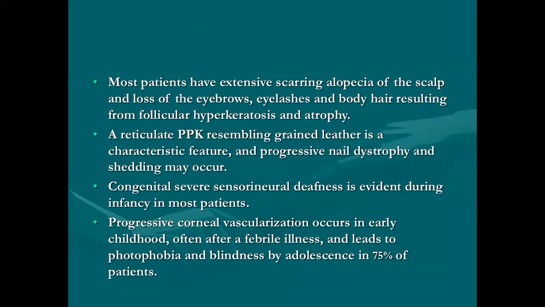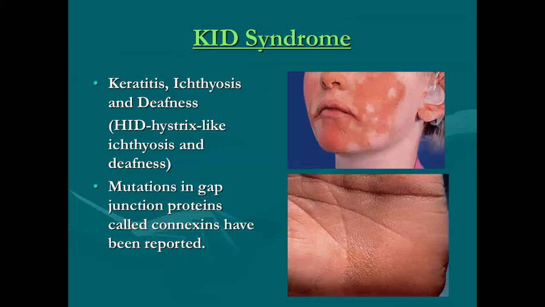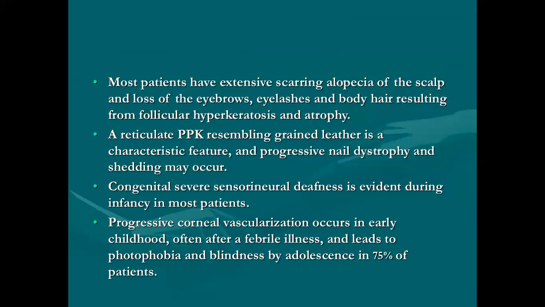Most patients have extensive scarring alopecia of the scalp with loss of eyebrows, eyelashes, and body hair resulting from follicular hyperkeratosis and atrophy. A reticulate palmoplantar keratoderma resembling grained leather is a characteristic feature. Progressive nail dystrophy and shedding may occur.